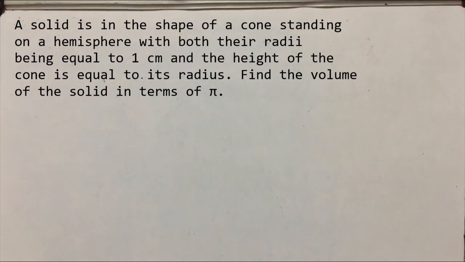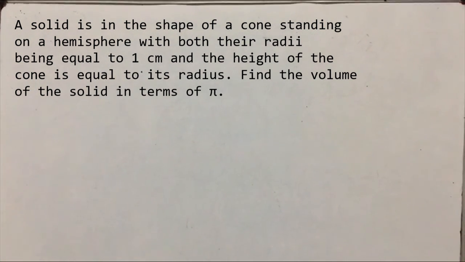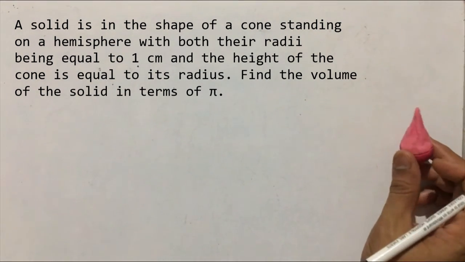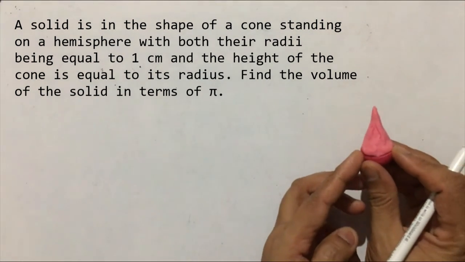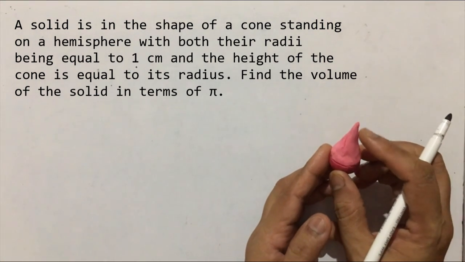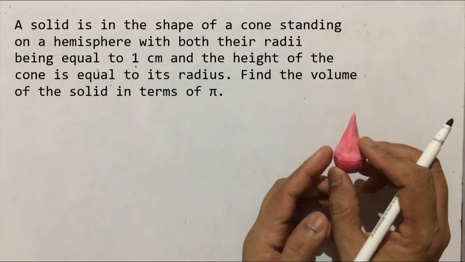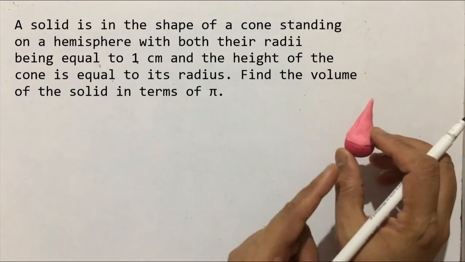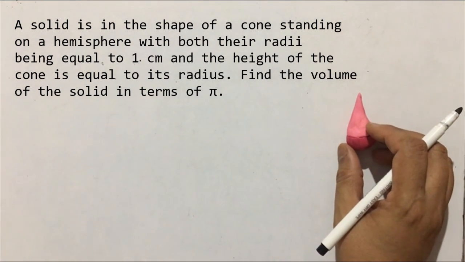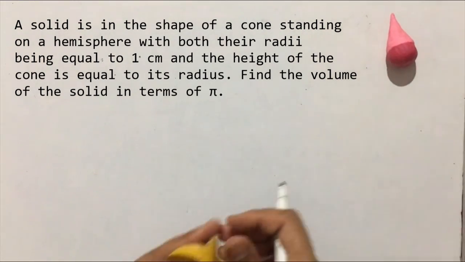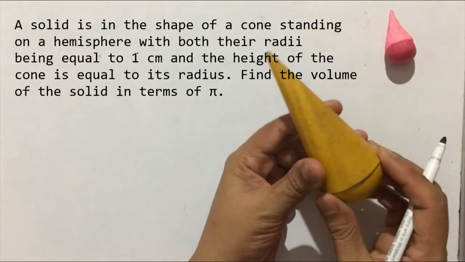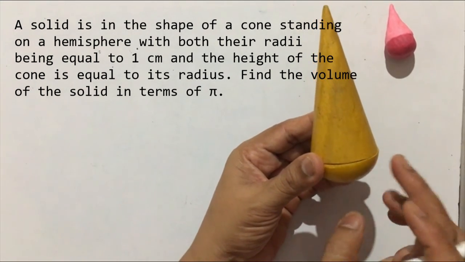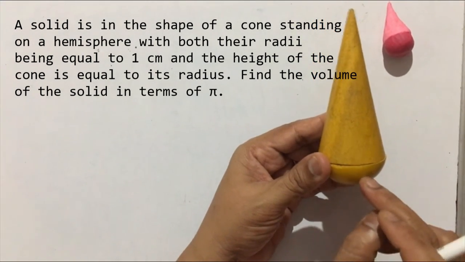Suppose I want to find a solid which is in the shape of a cone standing on a hemisphere, with both their radii being equal to 1 centimeter, and the height of the cone is equal to its radius. Then you have to find the volume of the total solid in terms of pi. Here the volume of the solid is nothing but volume of the cone plus volume of hemisphere.